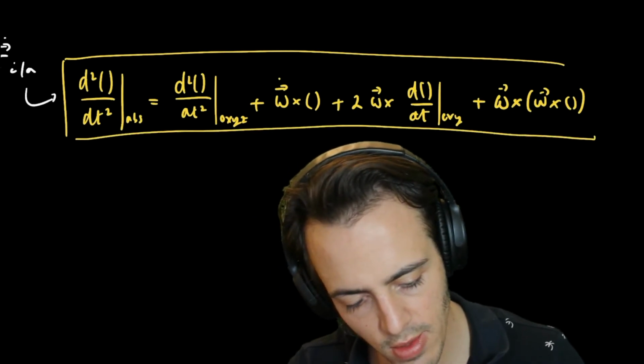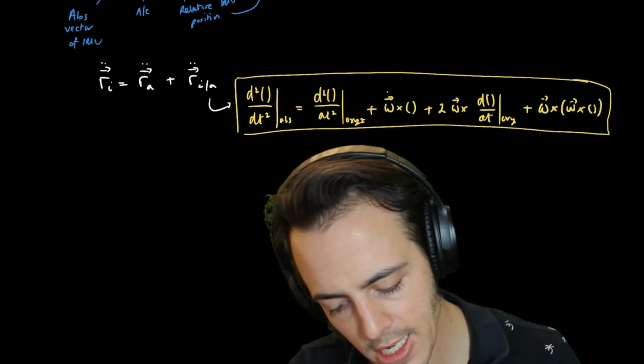So we're going to need to use this dirty great second order Coriolis identity to help us.